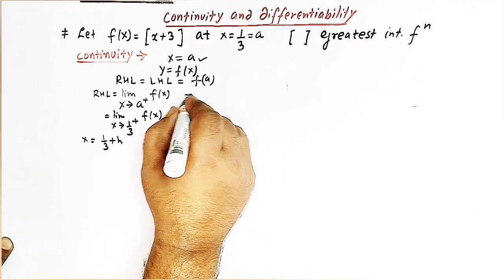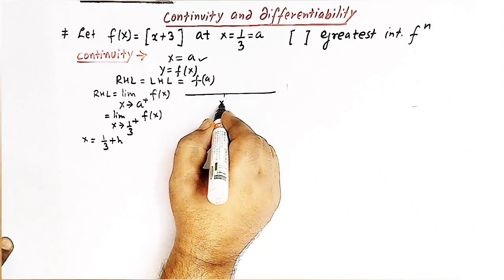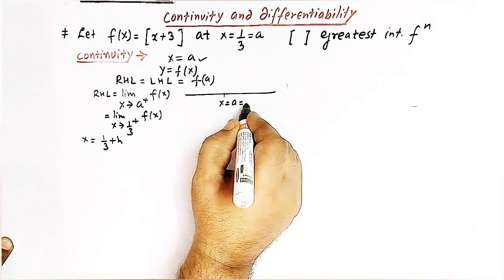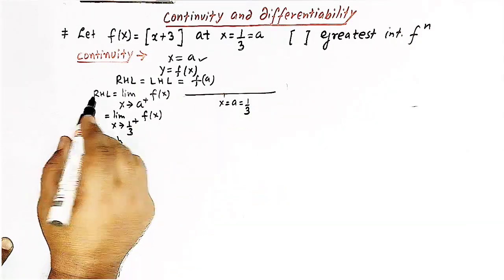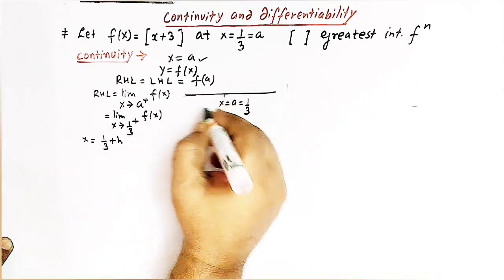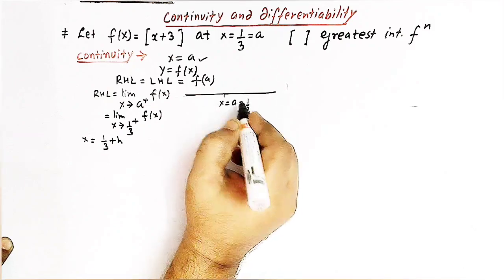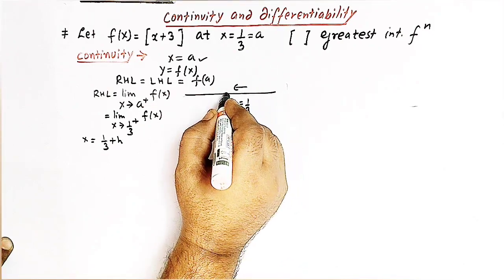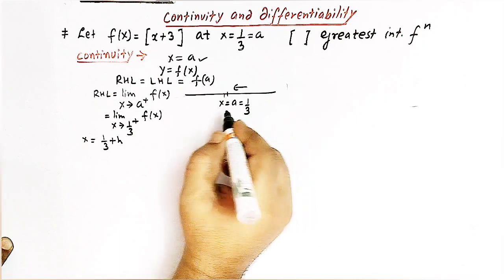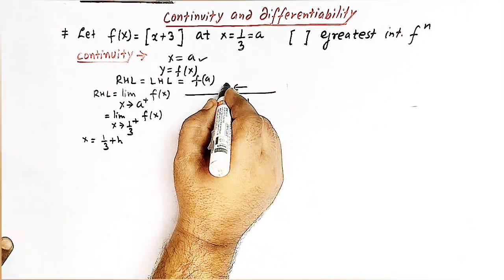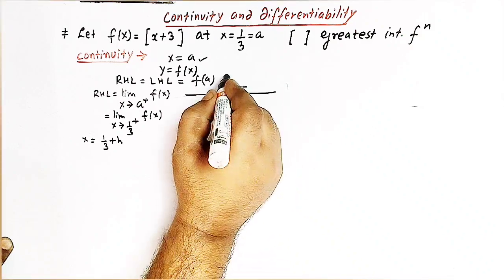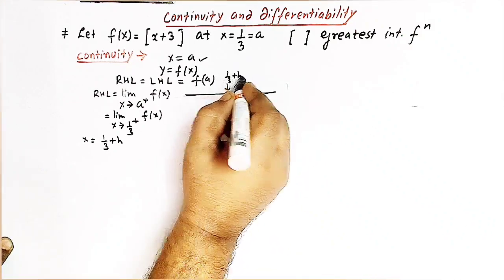Here x is equal to a is equal to 1 over 3. When we calculate the right hand limit, we approach from the right of x is equal to 1 over 3, in the right neighborhood, and this point is 1 over 3 plus h.